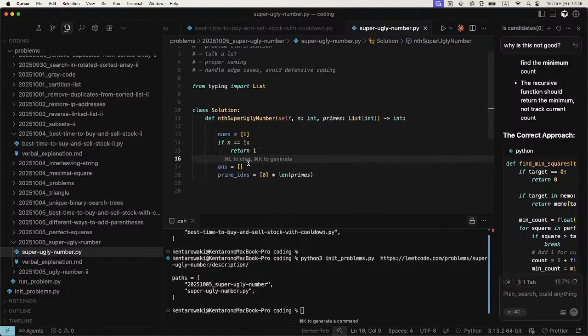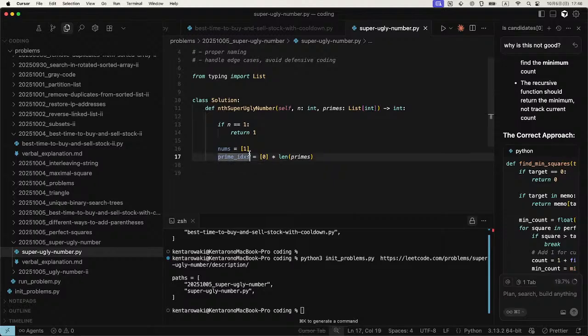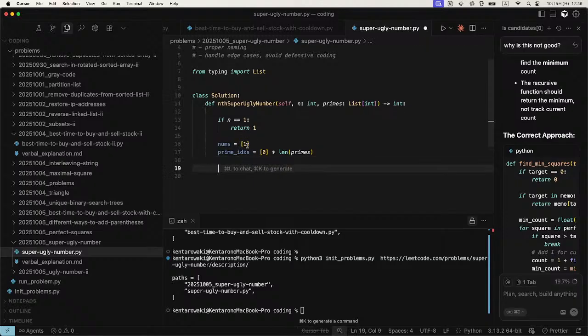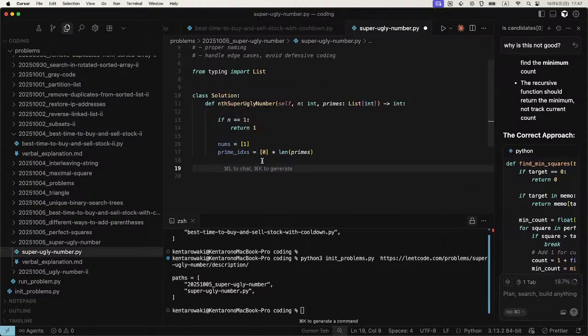So yeah, that is this, and prime indices points the element. Okay, and for each element it can be increased by multiplication of primes.